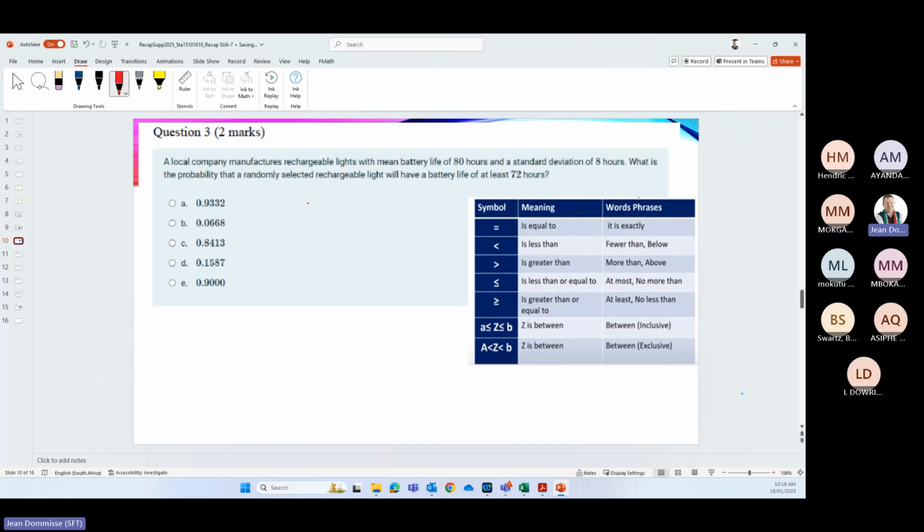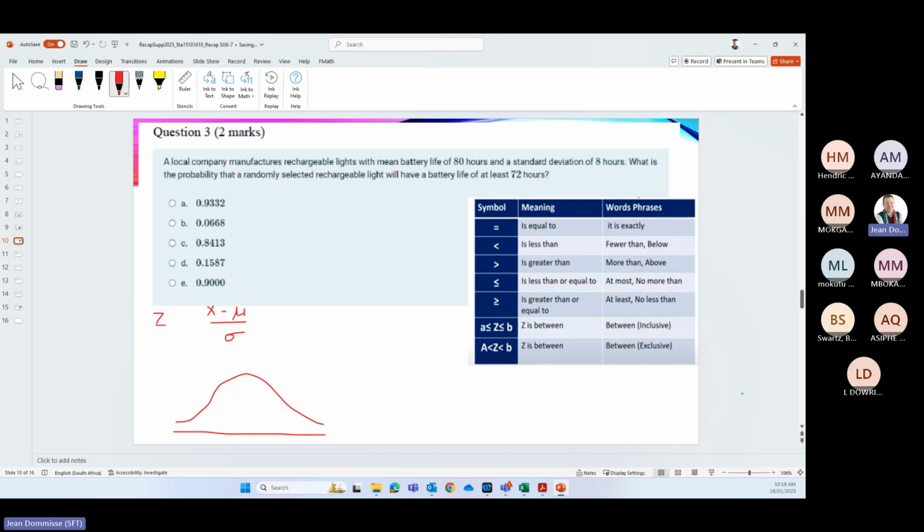Now let's see what they ask us. Again, we will need to work out the probability, so we need to work out the Z. From the Z, we will go to the table. Let's see the wording and the information they tell us.